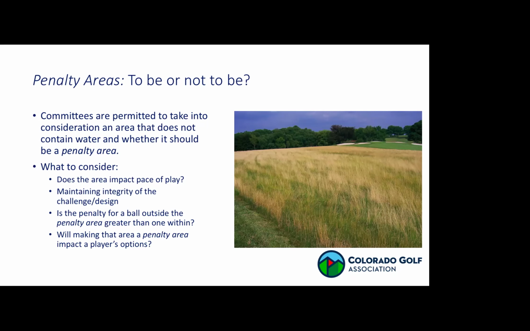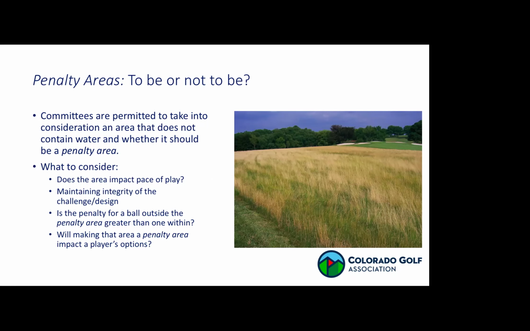So anytime a committee is deciding what to make a penalty area or what not to make a penalty area, we have to remember that bodies of water and areas where water should be are penalty areas by default. If we look at the definition of penalty areas, lakes, ponds, ditches, seas, oceans, drainage ditches, rivers, streams, those are all penalty areas by default. So those aren't really decisions the committee is making.